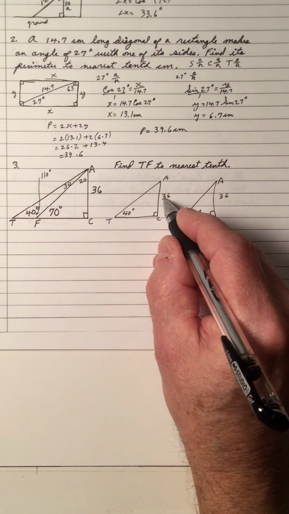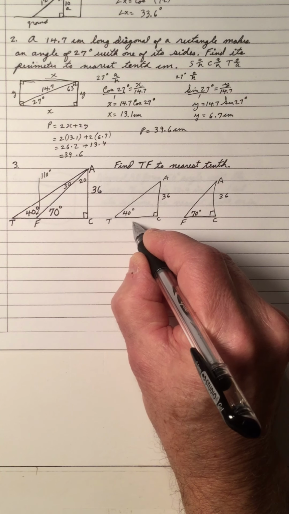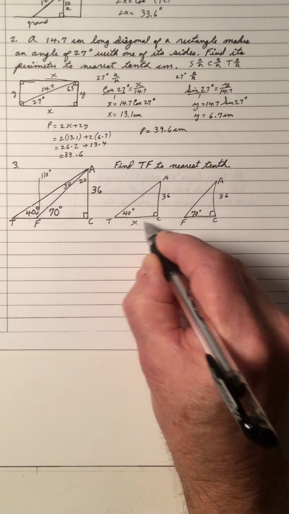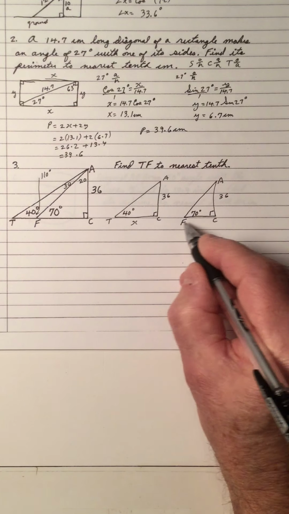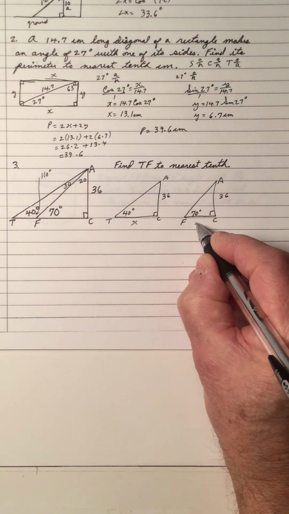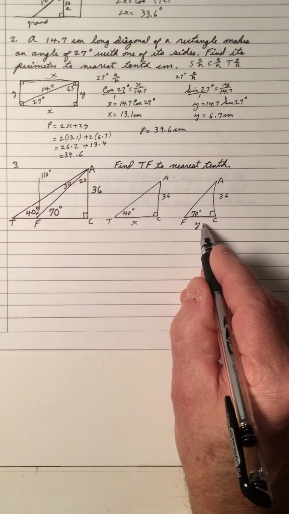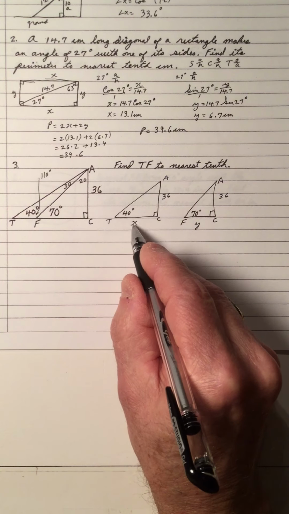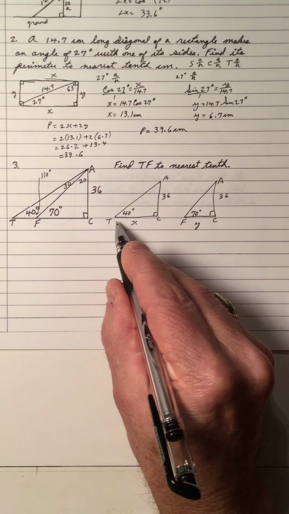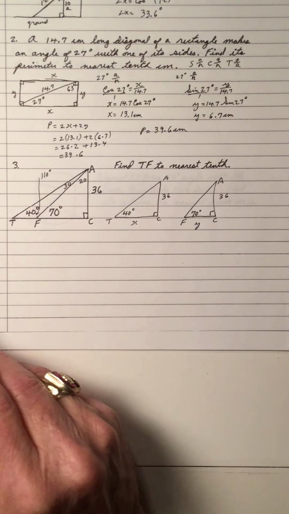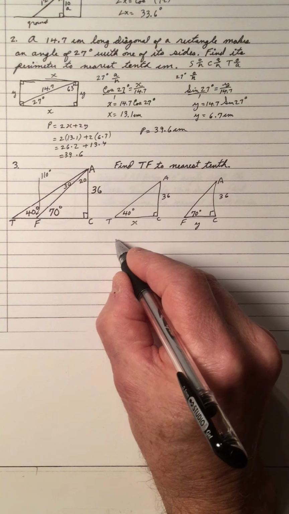So I'm going to work on this triangle to get this length, that I'm going to call X. I'm going to work on this triangle to get FC, which I'm going to call Y. And then I'm going to take X and subtract Y, and I'll get this length right here.